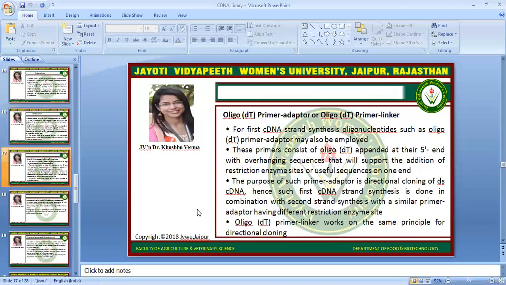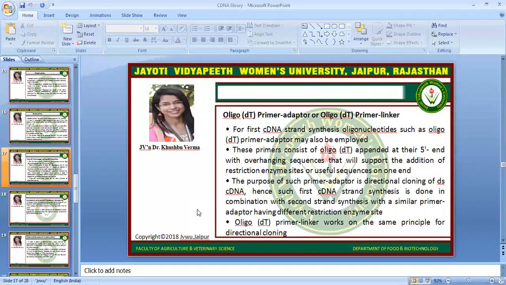Oligo-dT primer adapters or oligo-dT primer linkers. What are the roles of these linkers or adapters during cDNA library synthesis? For first cDNA strand synthesis, an oligonucleotide such as an oligo-dT primer adapter may also be employed. These primers consist of oligo-dT appended at its 5' end with overhanging sequences that will support the addition of restriction enzyme sites or useful sequences on one end.